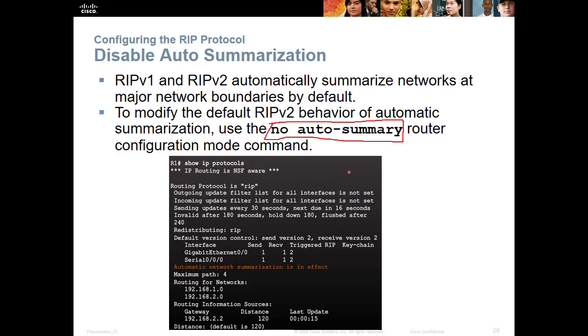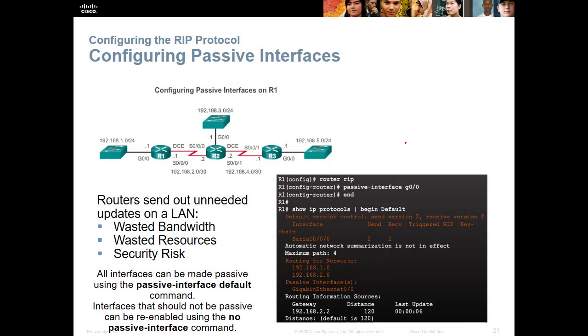Inside of your configuration for your config-router, that's after you do router RIP, just type no auto-summary, put it in once, and now your router will not automatically summarize. Again, we don't want a router automatically summarizing for us because it's going to create summary statements of networks that you might not have. And also there's problems where you can have something called discontiguous networks, and we'll talk more about that later as we go into EIGRP and OSPF. I'll teach you how to avoid that.